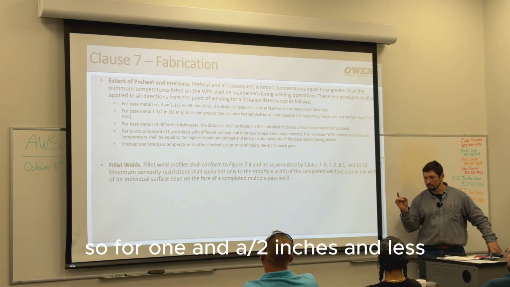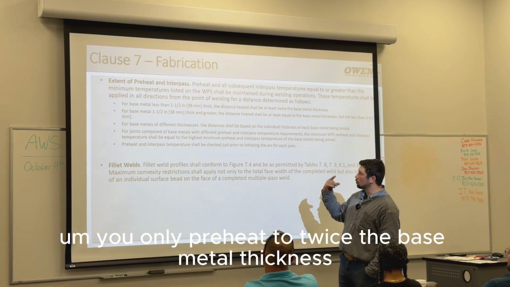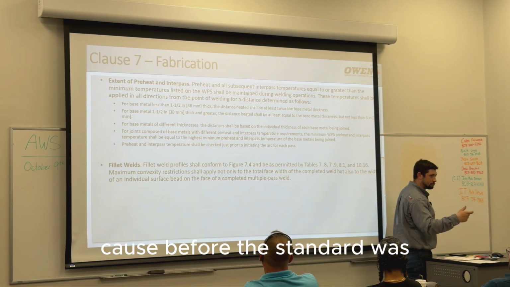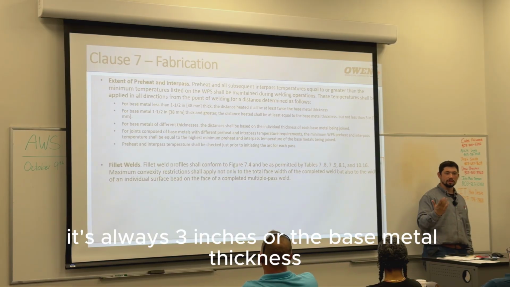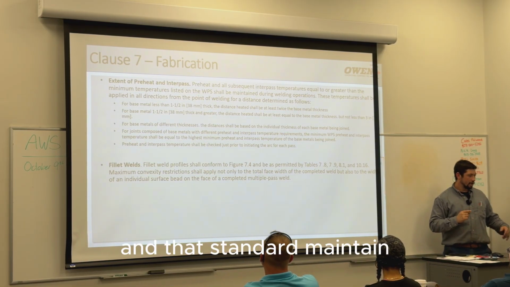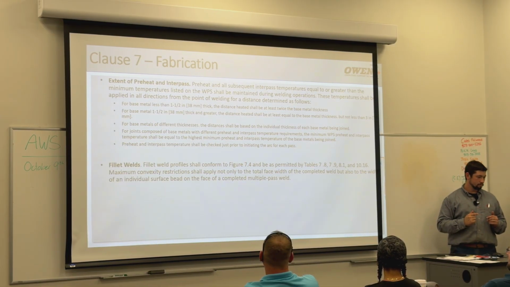So for 1.5 inches and less, you only preheat to twice the base metal thickness. So you actually have to preheat less of an area, because before, the standard was always 3 inches or the base metal thickness. And that standard is maintained for anything greater than 1.5 inches.